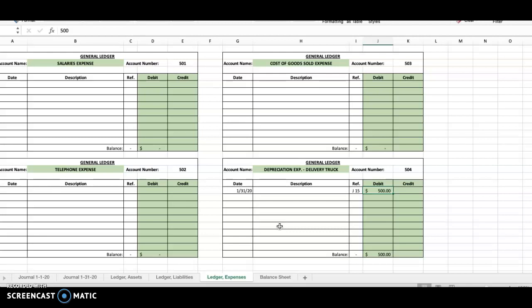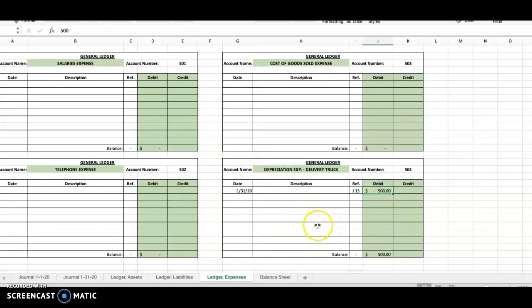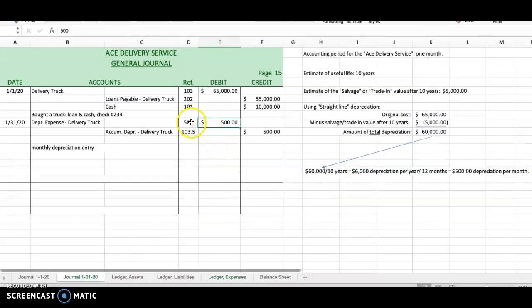And once again, I keep telling you, and we'll come to this, there's a reason that we close expenses. So eventually this expense account will have a zero balance, like all the other expense accounts. But we're not ready for that quite yet. So right now, there's $500 on the debit side. So we take that account number, 504, back into the journal, and that's posted.